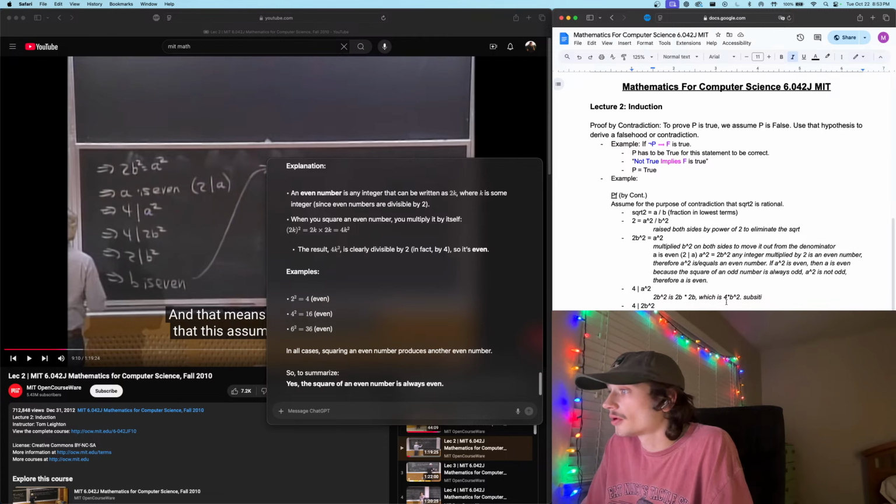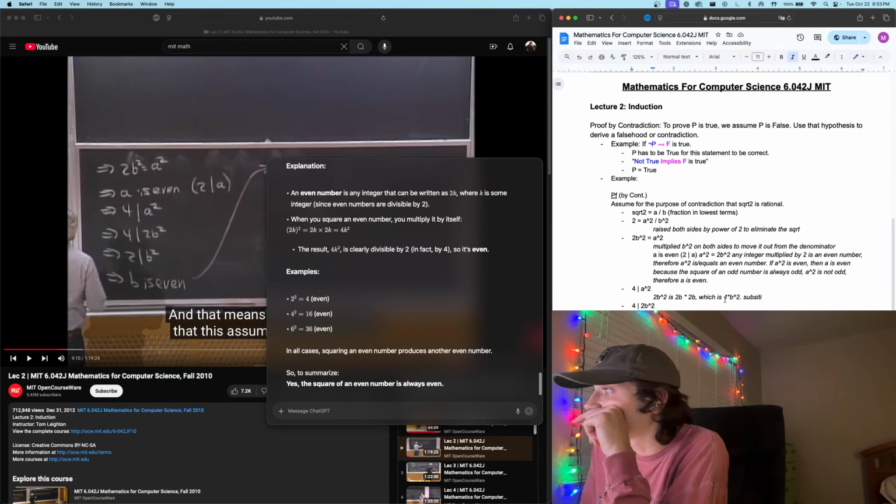That looks better. 2b squared is 2b times b, which is 4 times 2b squared.